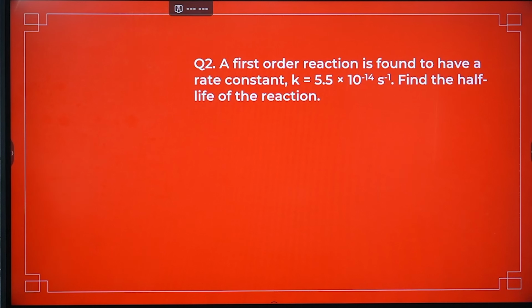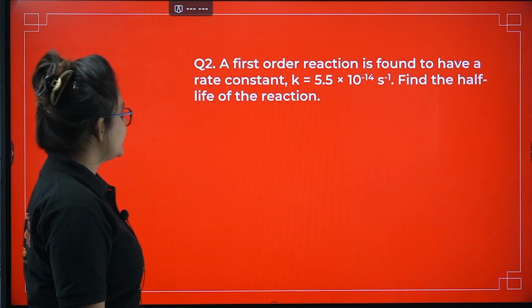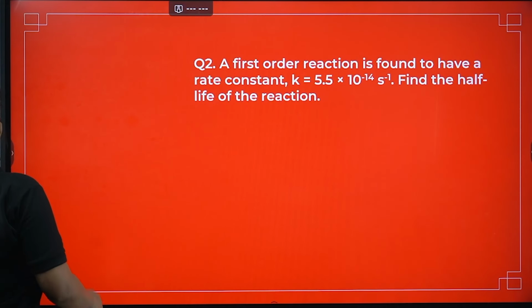A first order reaction is found to have a rate constant K equals 5.5 into 10 power minus 4 second inverse. Find the half life of the reaction. That's quite easy.